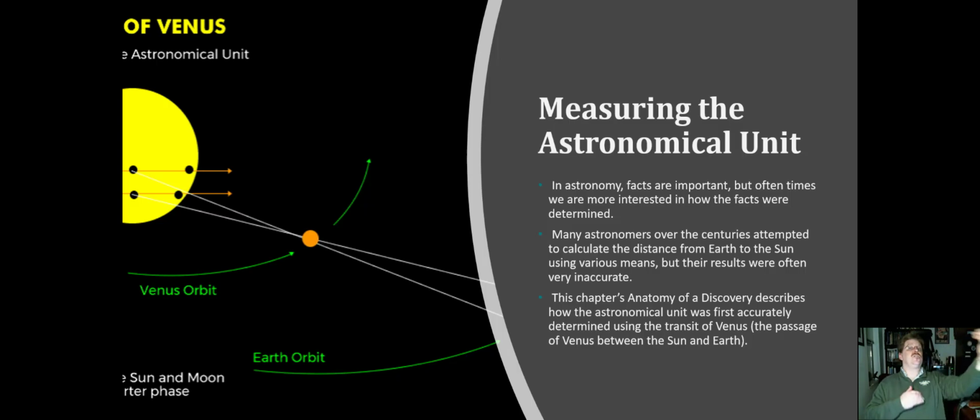They were far larger than what Aristotle and his ilk would have you believe, but they were not nearly accurate enough. So the first reasonably accurate distance from the Earth to the Sun was done using the Venusian transits.